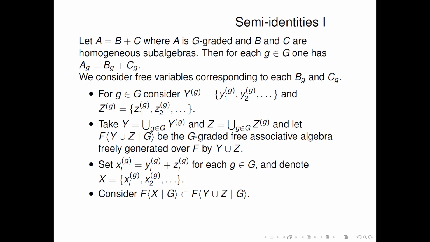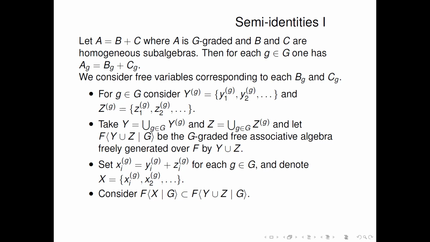Now I'll consider three variables corresponding to Bg, g, and Cg. In the following sense, if g is an element of our group, I consider Yg as a set of variables and Zg another.